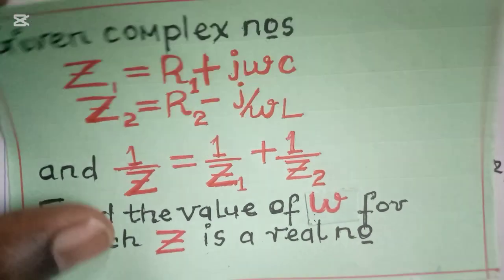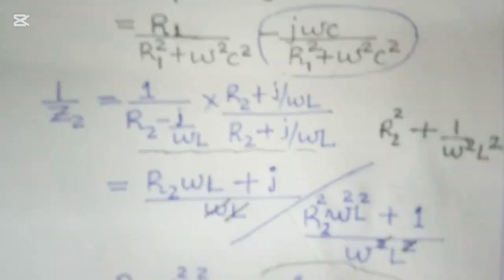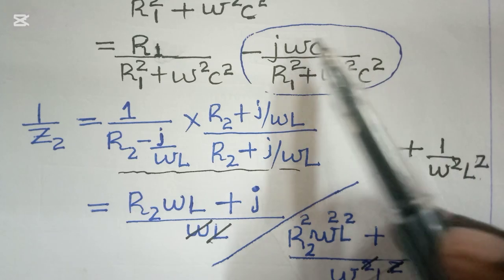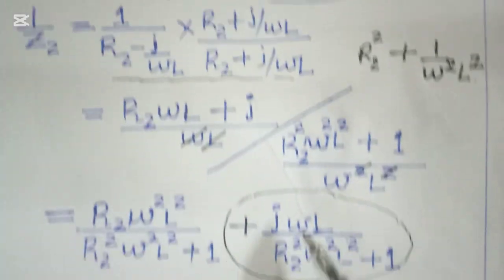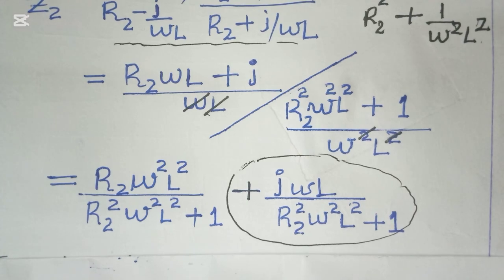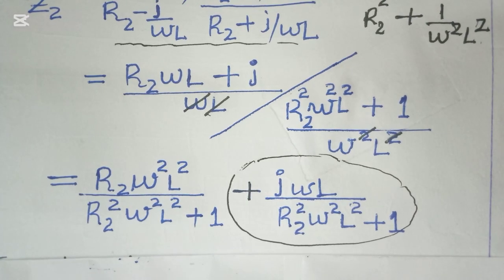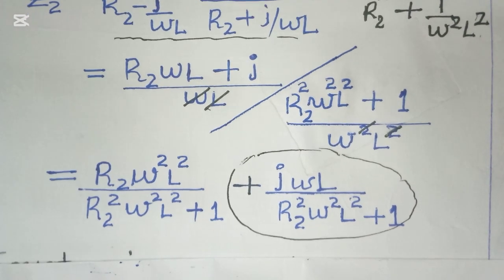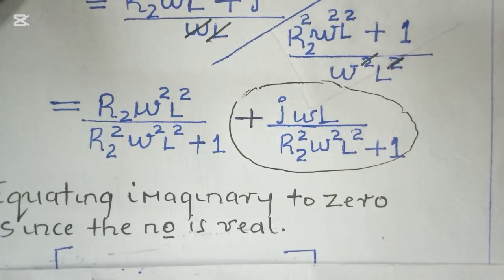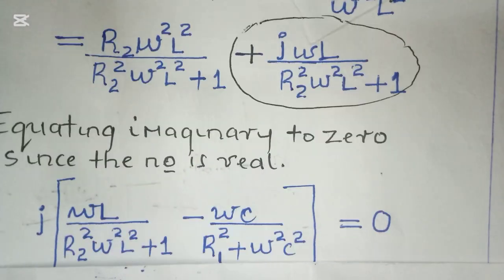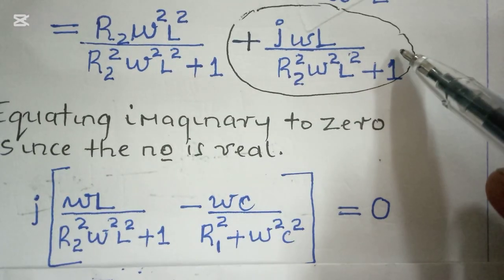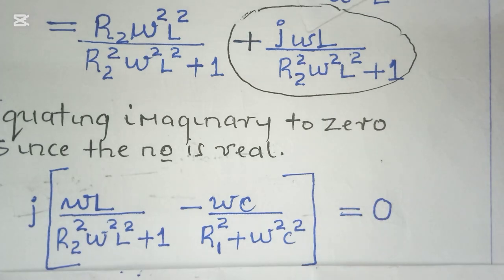And so therefore, the imaginary part, that is negative jw all over that, plus jw all over that, should come to 0, so that we shall not have an imaginary number. So we equate the imaginary part to 0, since the number is real. The ones that I have circled are the imaginary parts.